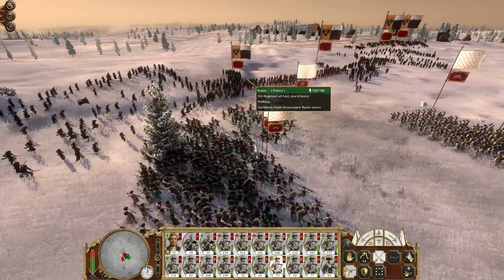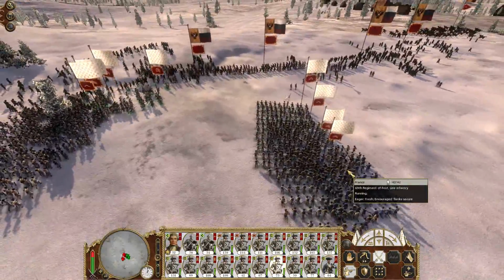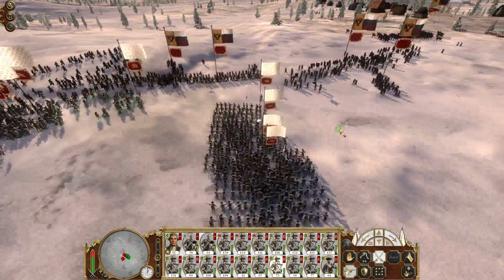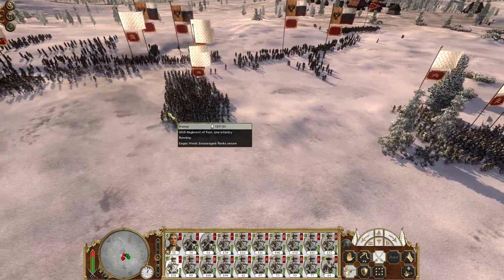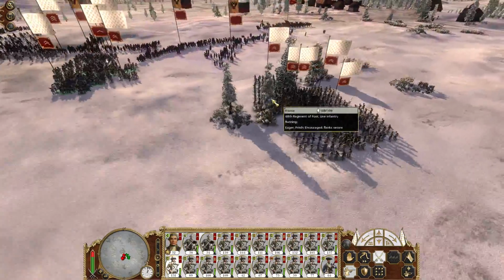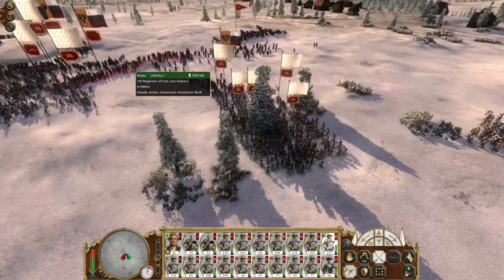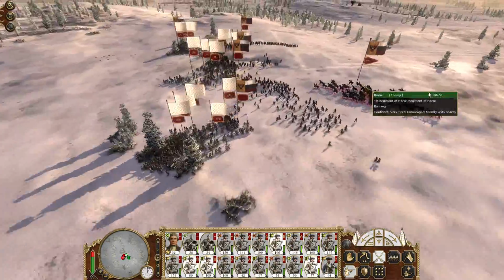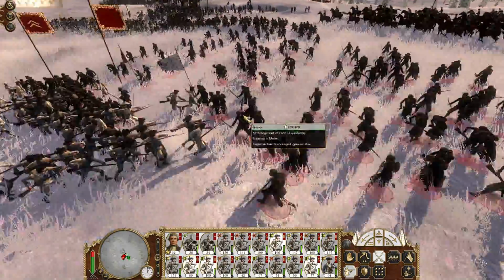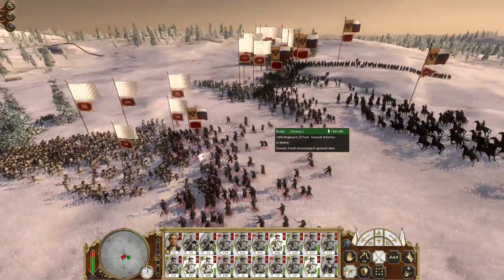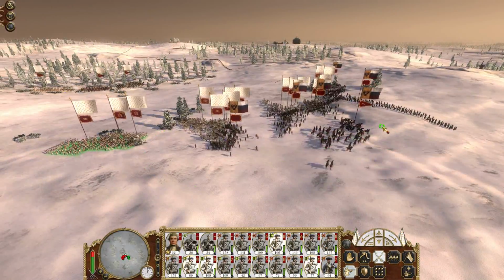Okay, they don't need to move into the battle. Alright. Go. Okay, now it's important not to blob up.